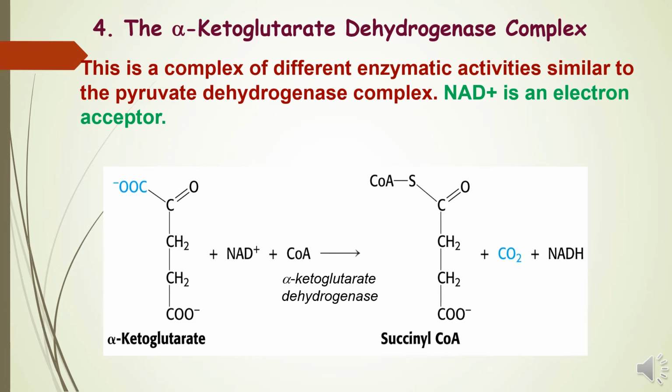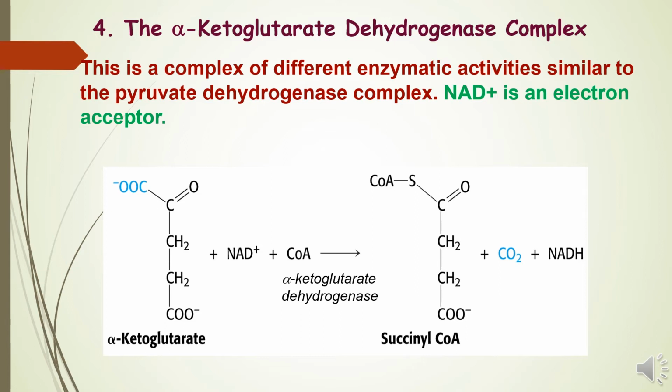This is an oxidation reduction reaction with decarboxylation of alpha-ketoglutarate after it's oxidized, with formation of succinyl-CoA and carbon dioxide. This reaction is irreversible and is catalyzed by an enzyme complex, which is alpha-ketoglutarate dehydrogenase complex.